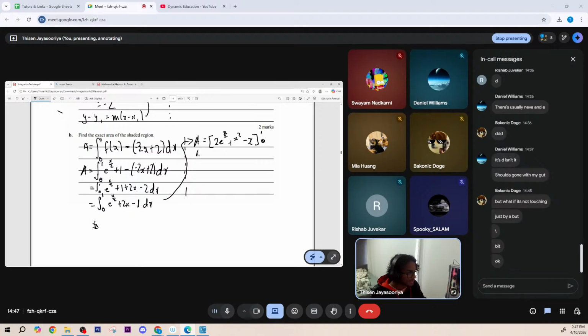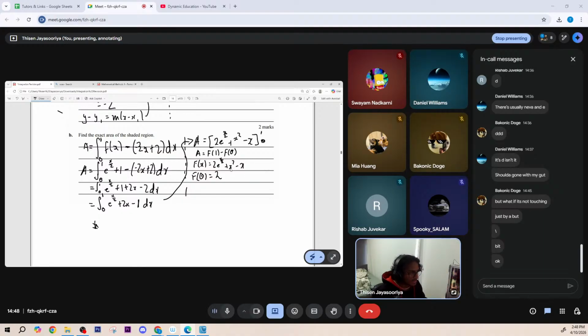Then we're going to just say A is equal to f of 1 take f of 0. We'll say that f of x equals 2e to the x over 2 plus x squared take x. We'll do f of 0 equals 2, because we have e to the power of 0, which is just 1, so we get 2 times 1, which is just 2.